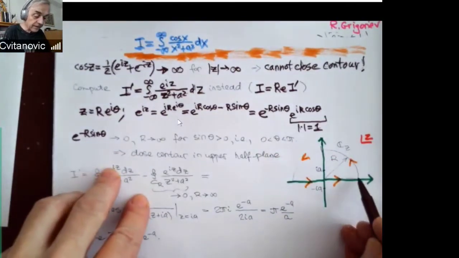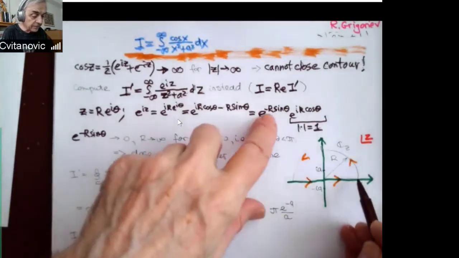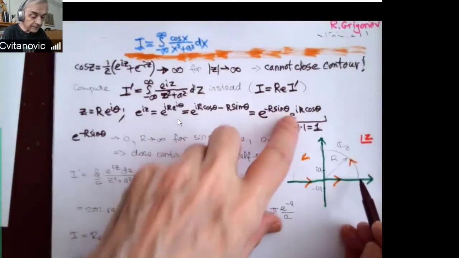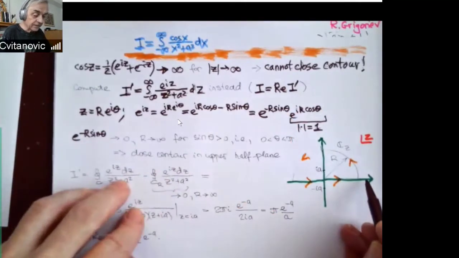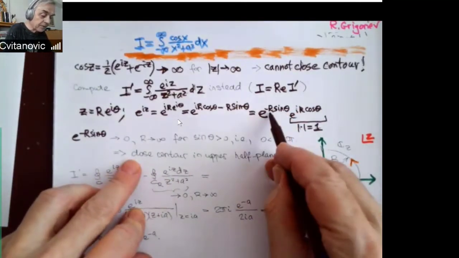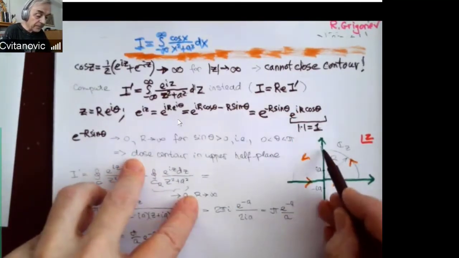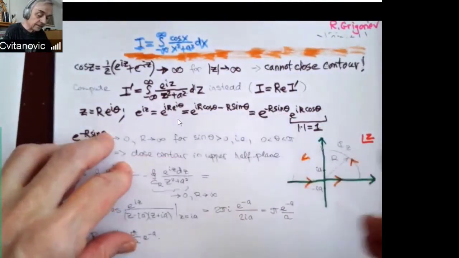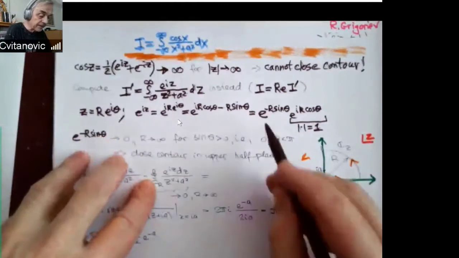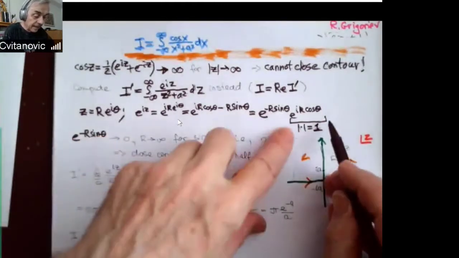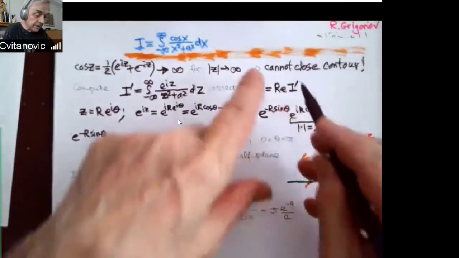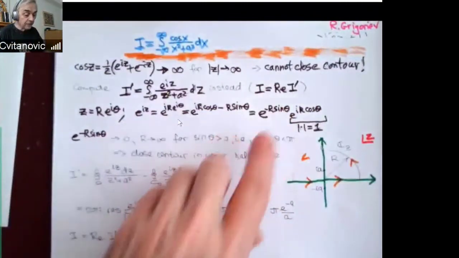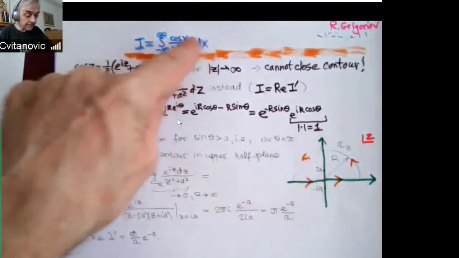So here it's e to the r times a small number, but for any non-zero angle, minus r wins out. Up here, sine is just 1, so it decays as fast as possible. The basic thing, this part decays, and the magnitude of this one, when we take a real part, is 1. So that's how we get rid of the oscillation.